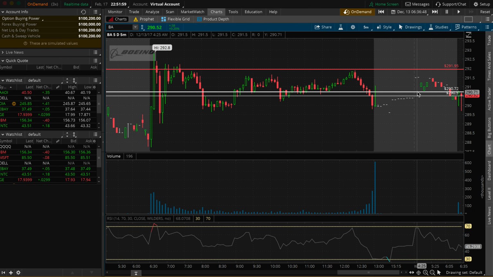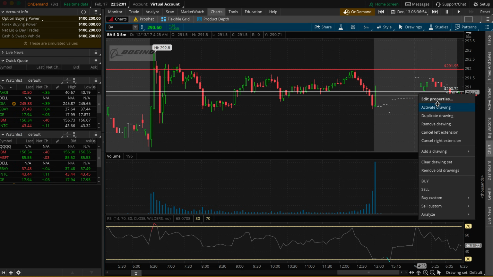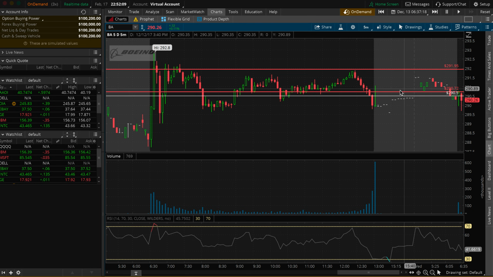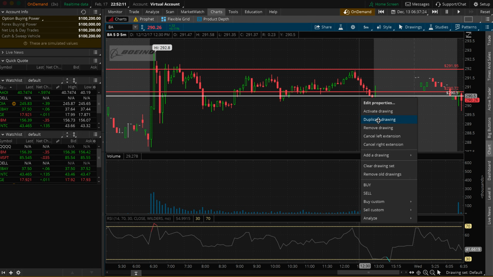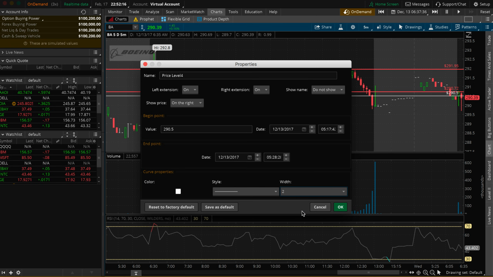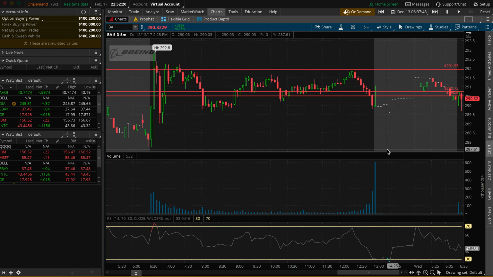So those two are my support and resistance lines for the day. Depending on what direction this stock goes, these two are going to be my support or resistance lines.